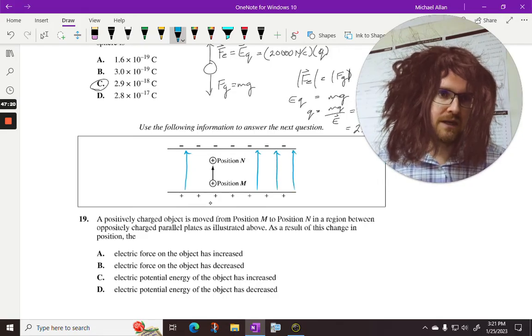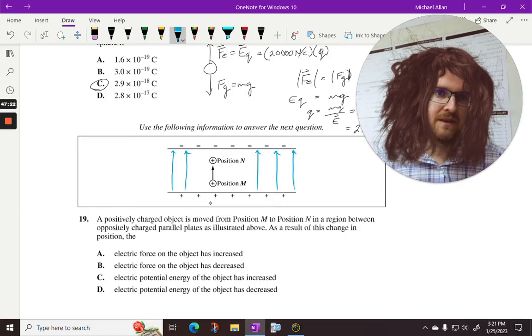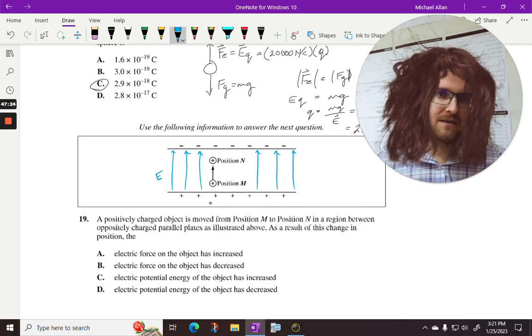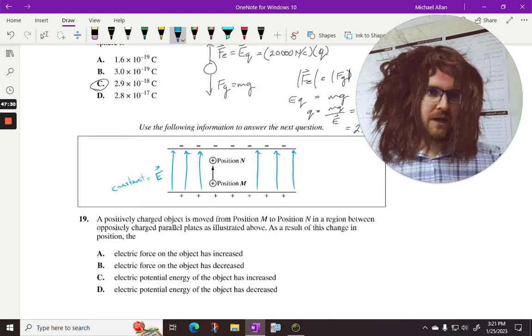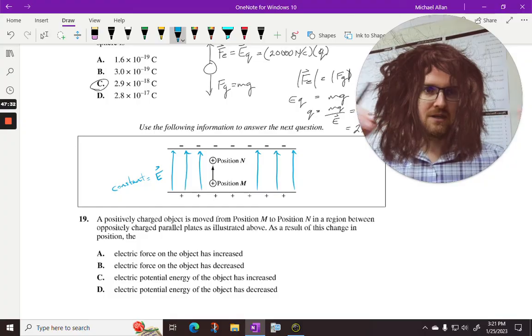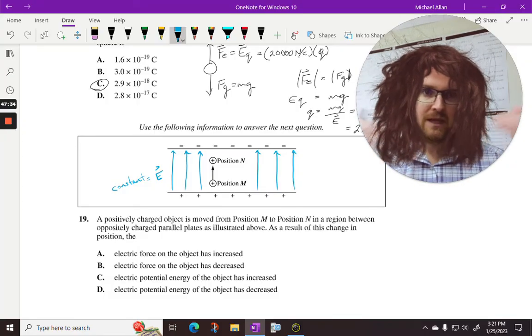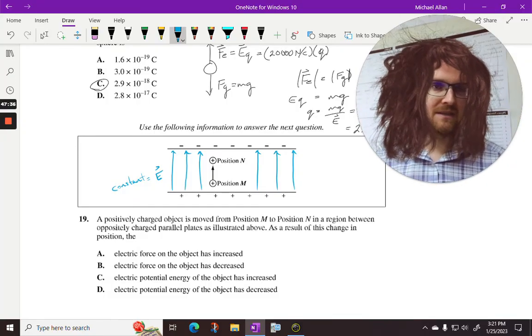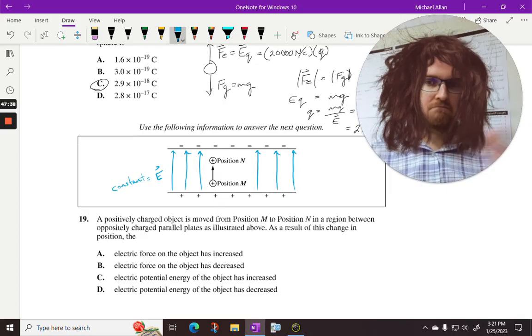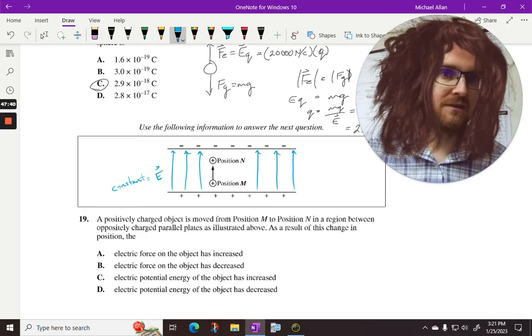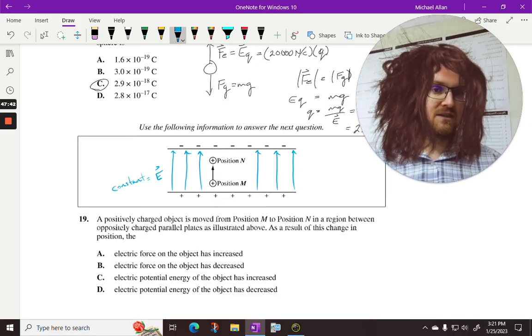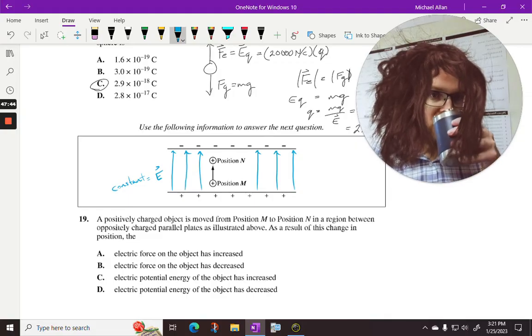There's no wiggly wobbly to it, and the field is constant. It doesn't have that R squared relationship of the single charge moving out, because with so many charges, adding together millions and millions of them, everything just adds up to be the same.